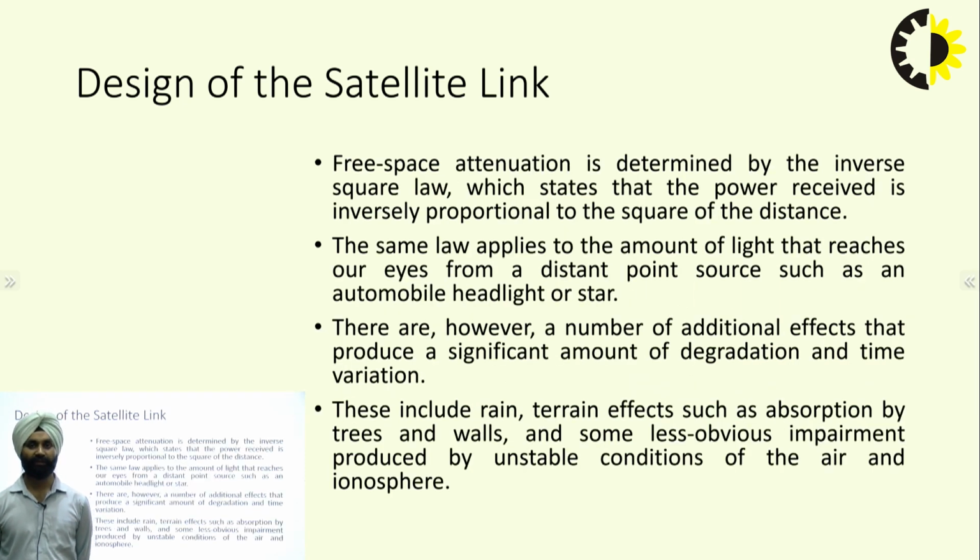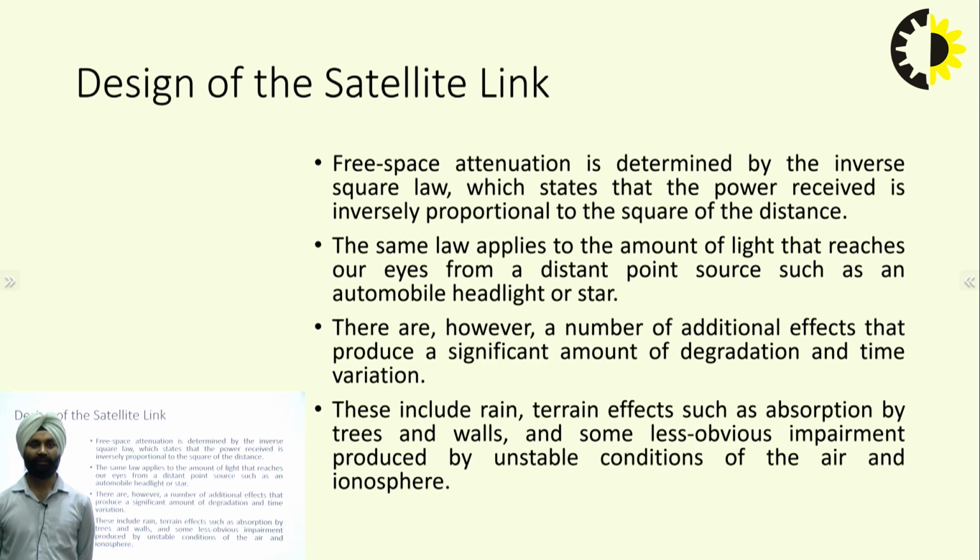Free space attenuation is determined by the inverse square law, which states that the power received is inversely proportional to the square of the distance between satellite and the earth. The same law can be applied to the amount of light that reaches our eye from a distant point source, such as an automobile headlight or a star.